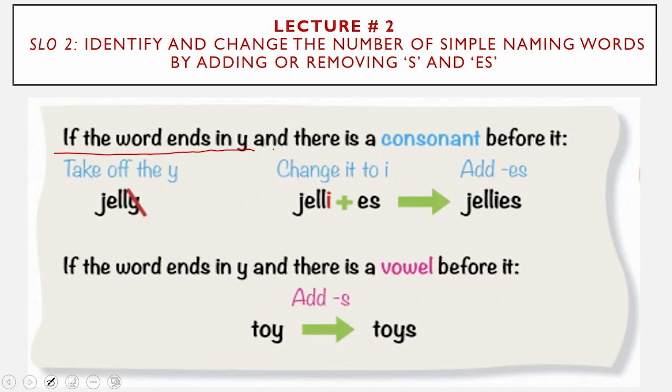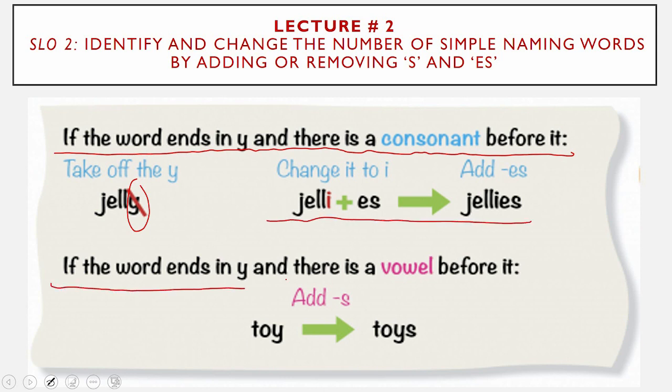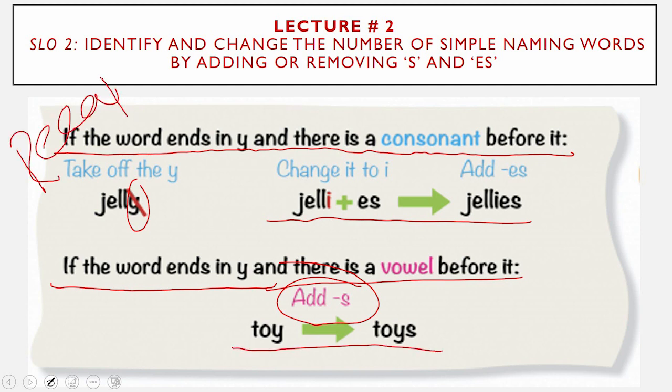If the word ends in Y, there is a consonant before it, so you have to cross out the Y and then write ies, like jellies. If the word ends in Y and there is a vowel before it, add S, toys. This is the recap for today's lesson.